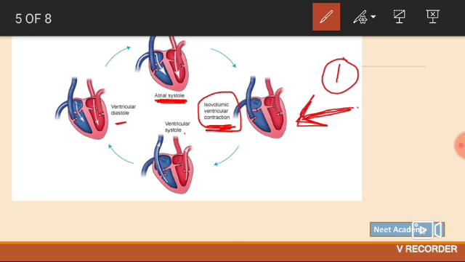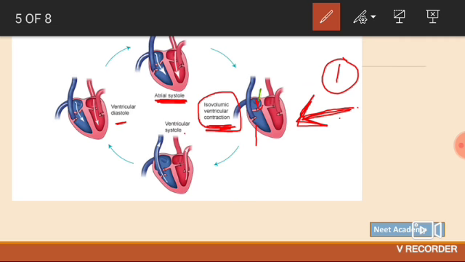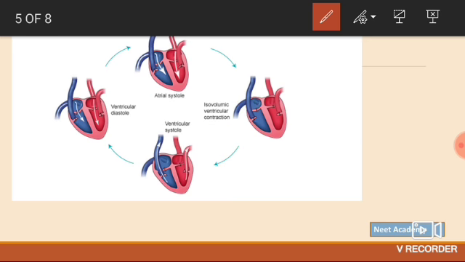the ventricle is contracting. This happens when the valves... you can see one valve here, one valve here. I'll take a different pencil. The red part is the oxygenated and the blue part is the deoxygenated part.